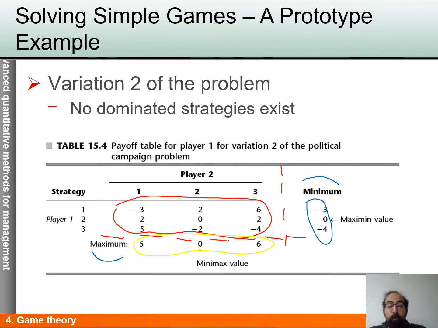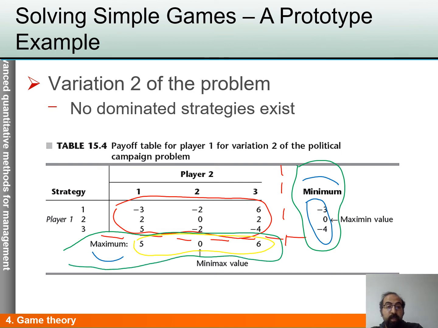So now we have two new columns, sorry, a column for the strategies of player 1 and a row for the strategies of player 2. Between the column of minimums for player 1, we find the maximum value.